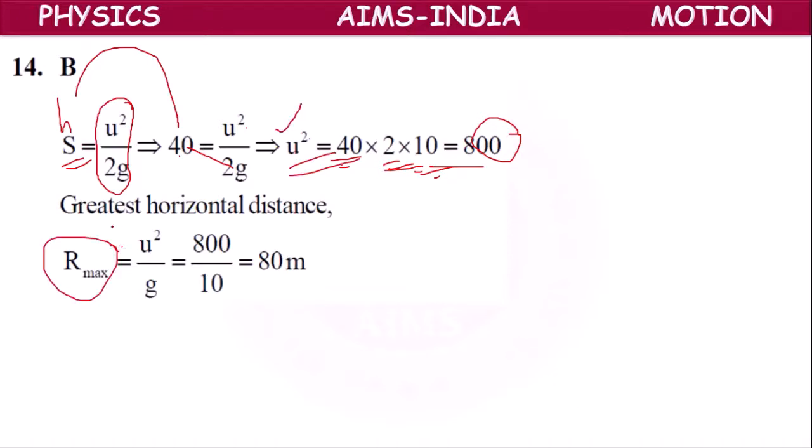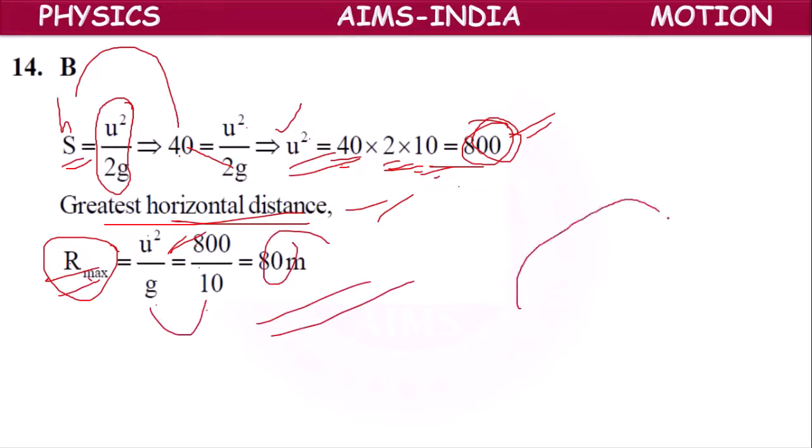But R max, the greatest horizontal distance, maximum range formula is u square by g, where we already have u square value, which is 800. 800 by g value 10, that is 80 meters. So the horizontal distance it can cover is 80 meters. The vertical distance it can travel is 40 meter, already given in the question.